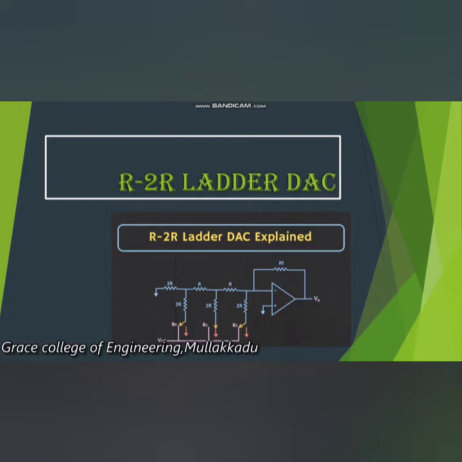In this way, we can assign the digital input for the R2R ladder network, and according to the zeros and ones assigned, the R2R ladder network will be minimized, and the equivalent voltage as well as resistance are computed using the V Thevenin and R Thevenin, and the final input for the operational amplifier will be obtained.